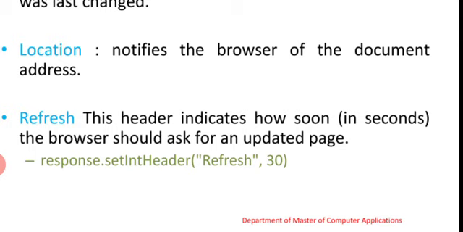Similarly, you can set one more page wherein the browser can reload the current page itself, like response dot set header, and pass the value as refresh and the number of milliseconds. So automatically that web page will be refreshed by itself and updated after a few milliseconds here.